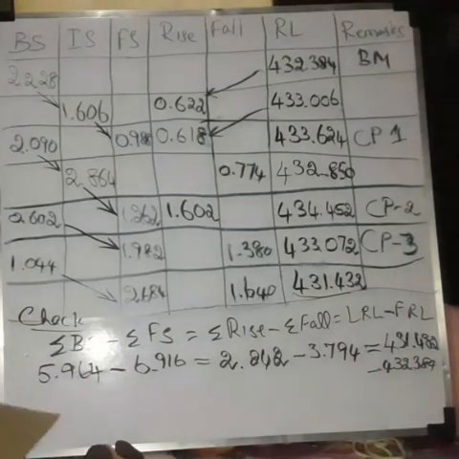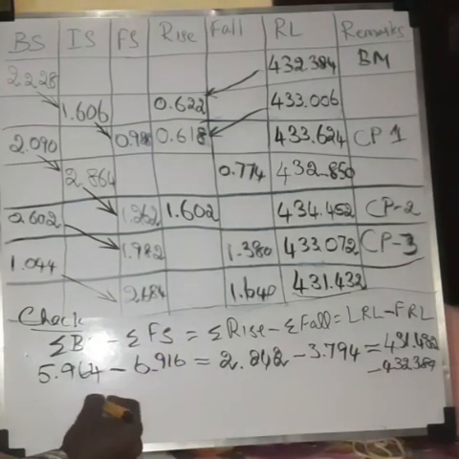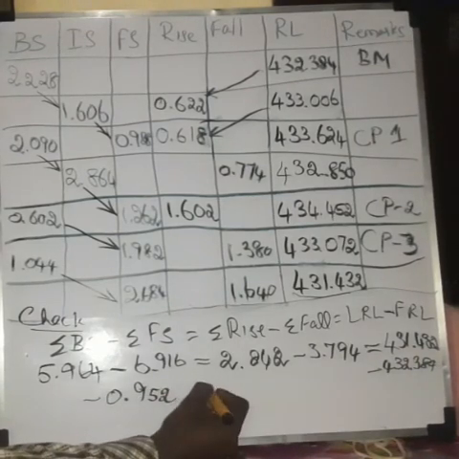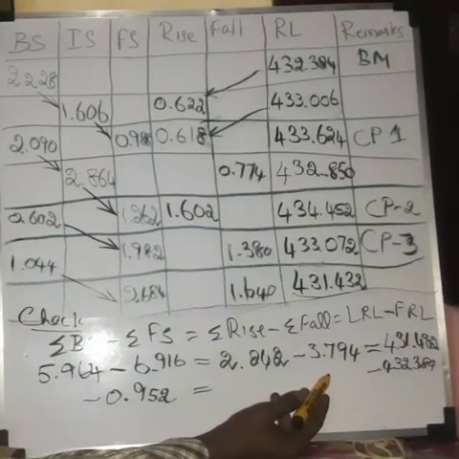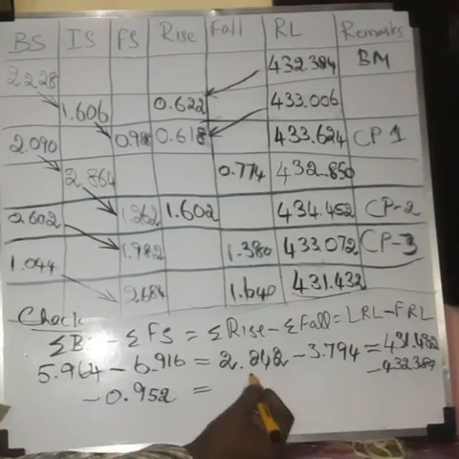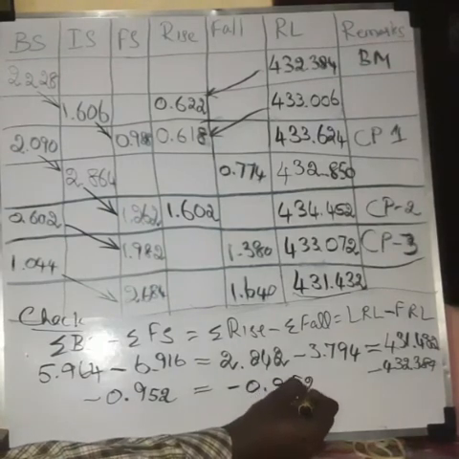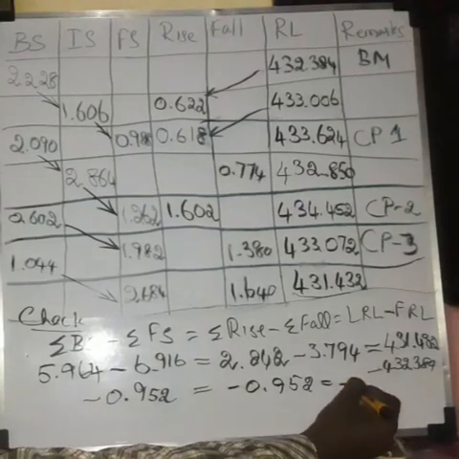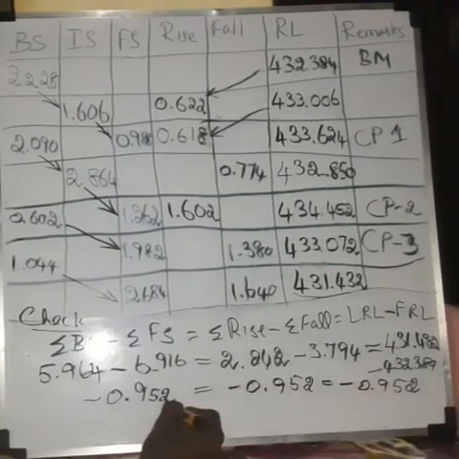Okay? Find the difference: minus 0.952. The difference between 2.842 and 3.794 is also minus 0.952. The last RL minus first RL is also minus 0.952.